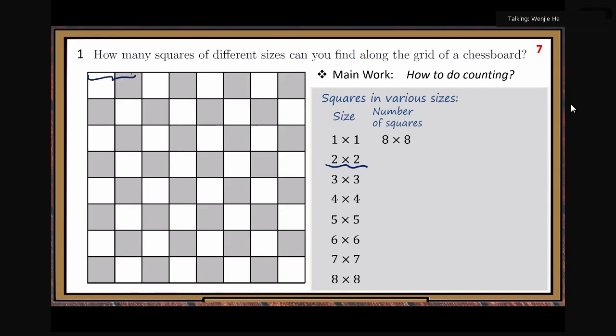Then another one, length 2, another one, then all the possible length 2 horizontal sides we can use.